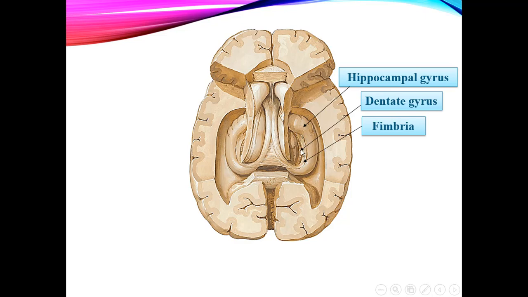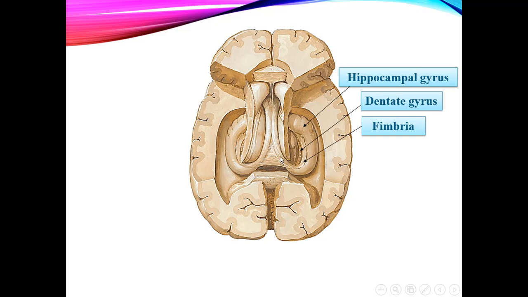This is the right fimbria, and this one is the left fimbria. As you see, the posterior end of the fimbria becomes continuous with the fornix. This structure is the fornix, and the fornix, like the fimbria, is formed from nerve fibers.